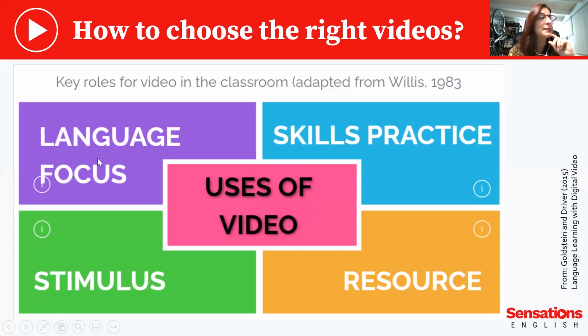The first one is language focus, in which the video presents a language model: grammar structures, words, chunks, comprehension. If you are going to use a video for language focus, the right level of language is essential because comprehension is essential.